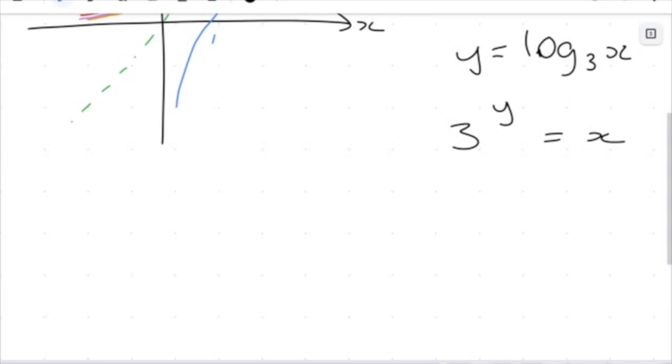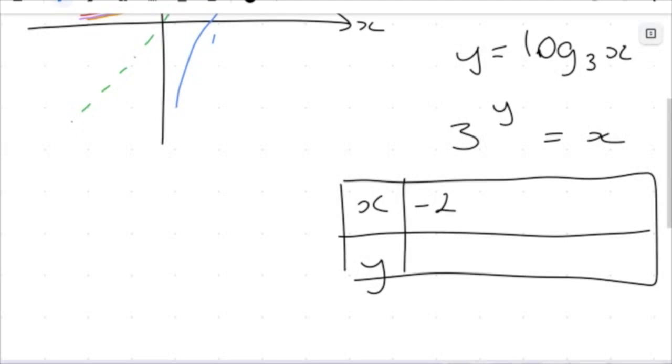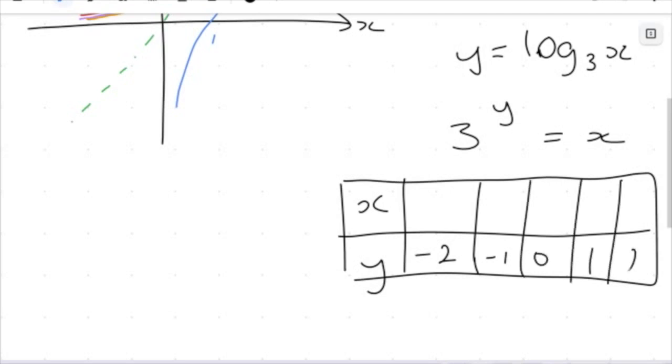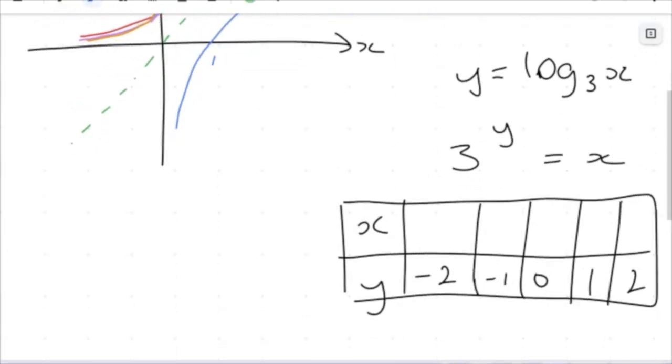Now, if I draw up my table of values, I have x and y. I'm just going to draw in a couple of values here. I'll start from -2. Actually, because my y is getting inputted here, we'll draw those down there. So we have -2, -1, 0, 1, and 2. And I'm going to work through this a little bit quicker because by now we should be comfortable with these tables of values.